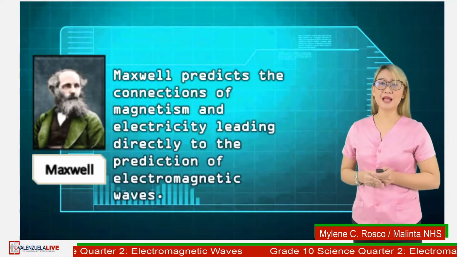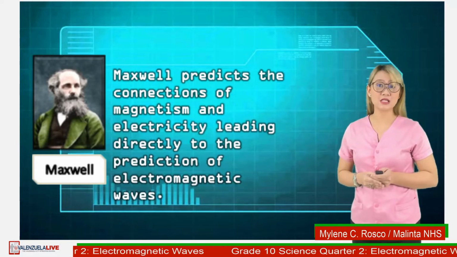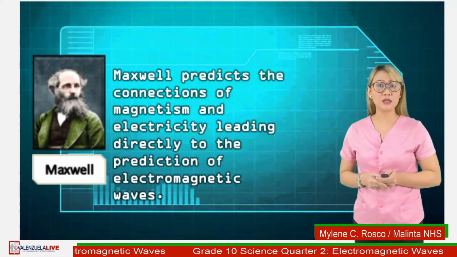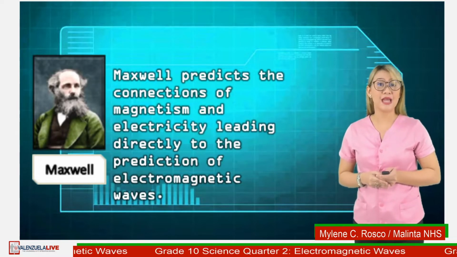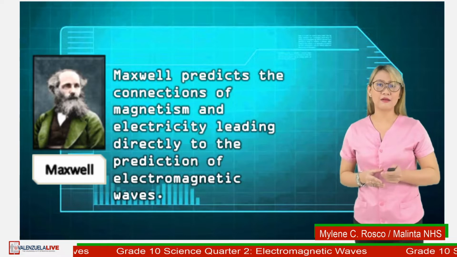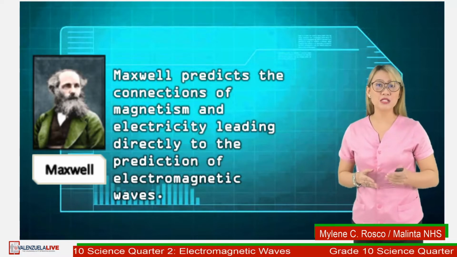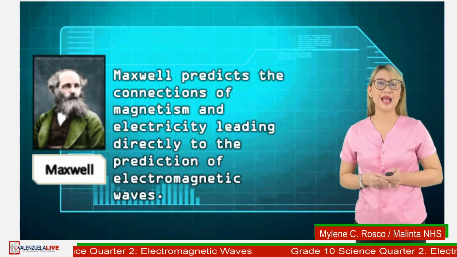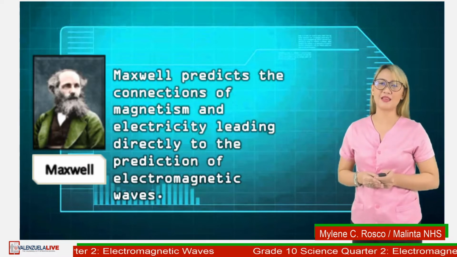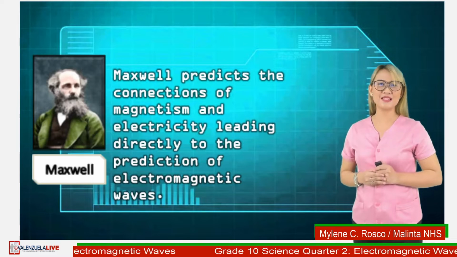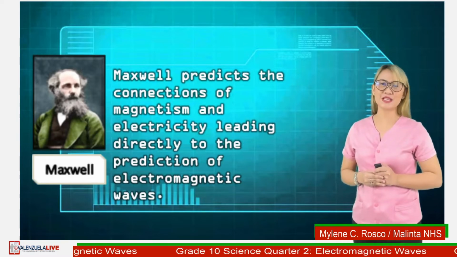James Clerk Maxwell is a Scottish physicist and mathematician who studied the connection of magnetism and electricity, leading directly to the prediction of electromagnetic waves. Maxwell's equations are used today as the basis of electromagnetic theory. Good job, students. Now let's have the next question.